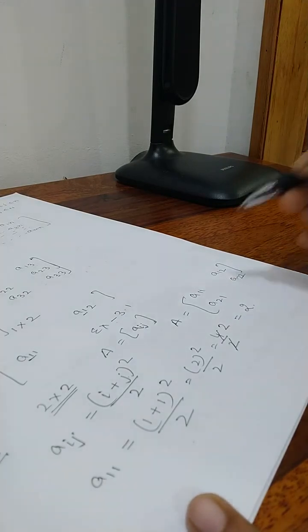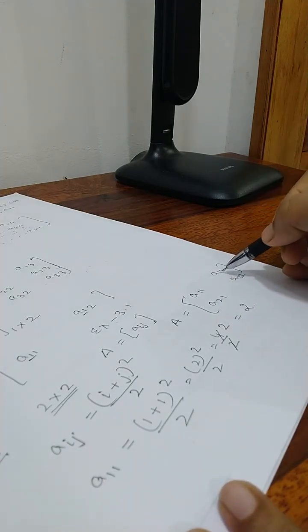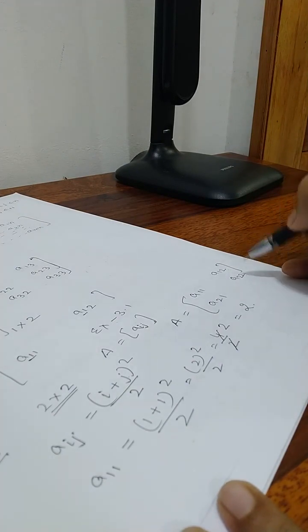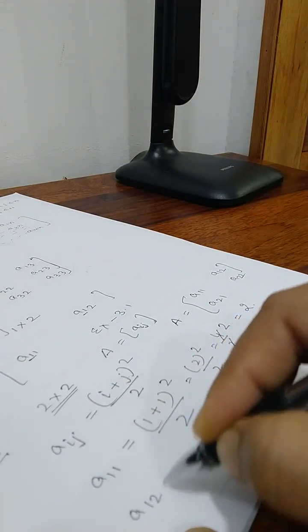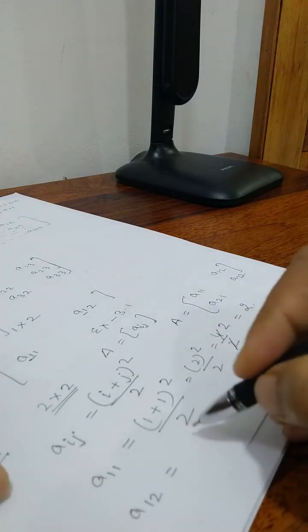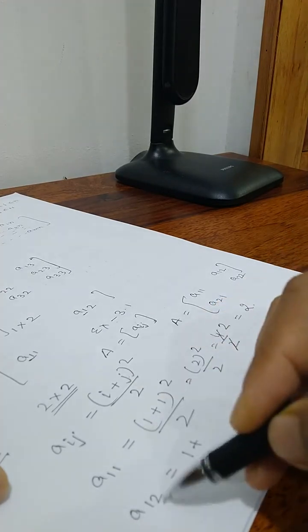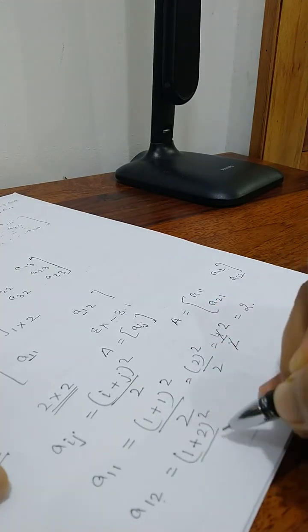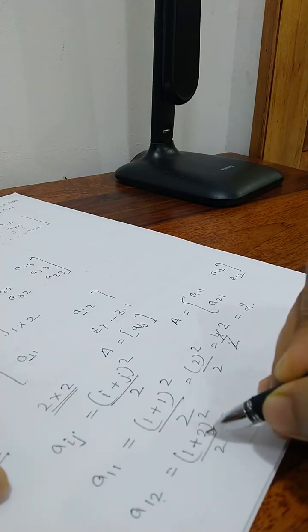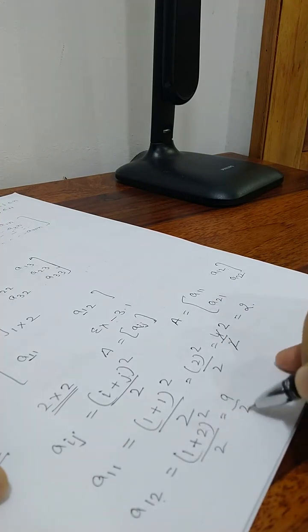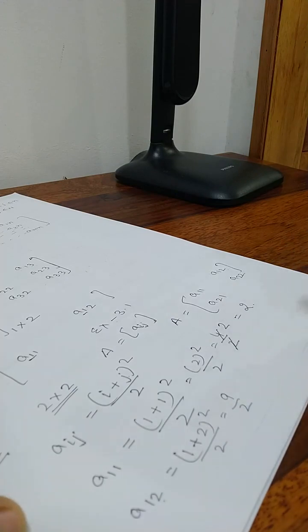This way we can find the values of a12, a21 and a22. You need to find all the elements. For a12, the value of i is 1 and the value of j is 2. So 1 plus 2 is 3, 3 square is 9, upon 2. So 9 by 2. Now find the value of a21. For a21, the value of i is 2 and the value of j is 1.